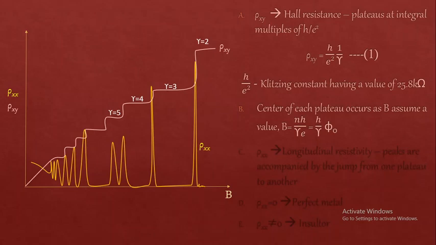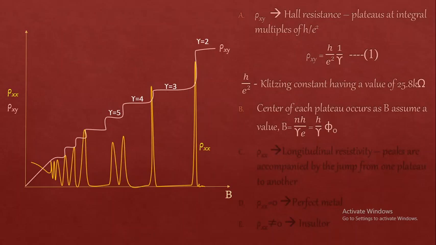So these values of magnetic fields, which are given as B is equal to N by gamma into phi naught, are where the gamma number of Landau levels are filled and the Hall resistivity takes the values as given from equation number 1.